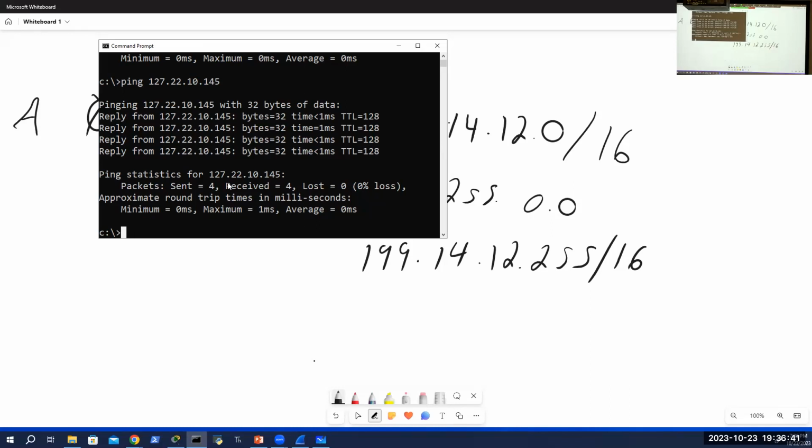Most people think of it as 127.0.0.1 because that's what has typically been defined as localhost. But anything that begins with 127, as long as it's not all 0s or 255.255.255, is the loopback address. And the local computer is responding to those pings. It's not even going out on the network. It's not even touching the NIC. It's just going directly up to the IP stack to ask, is the IP stack alive and well? So any address that begins with 127 is the loopback and can't be used to assign to a host.